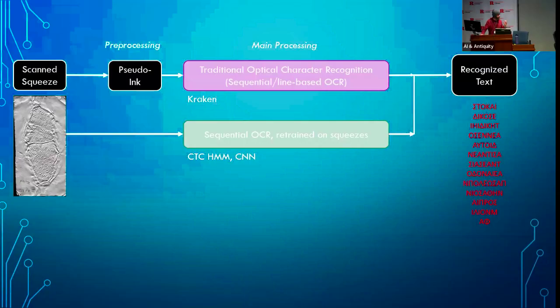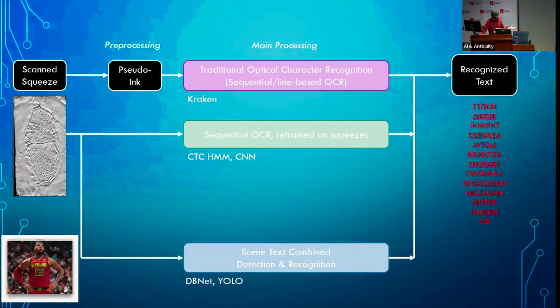Another option is to take the underlying capabilities of things like Kraken. So we're using the same technology, but instead of using the out-of-the-box that is trained on black text, white background, we retrain those models using our images. So from the start, they're not looking for black text, white background. They're looking for this weird melange of grays and whites and blacks.